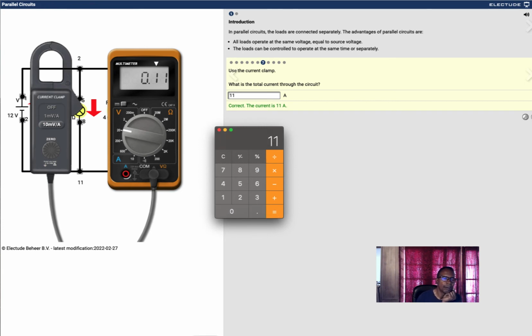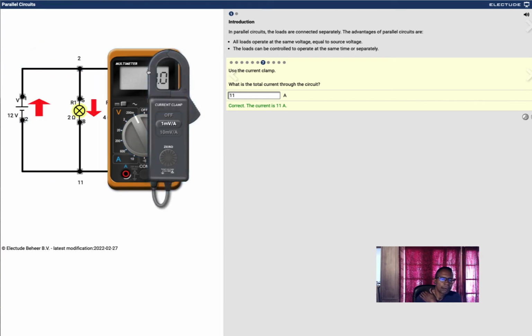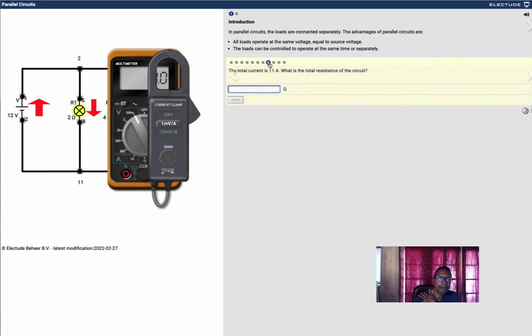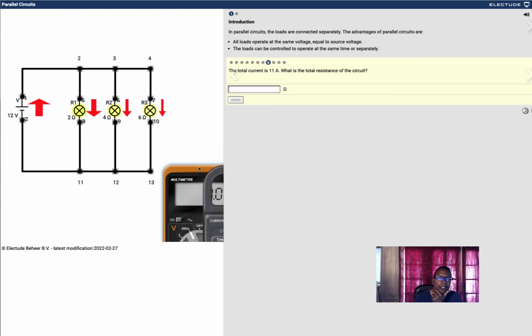Awesome. But you can see this is the direct reading here, more direct reading 11. Okay, the total current is 11 amps.